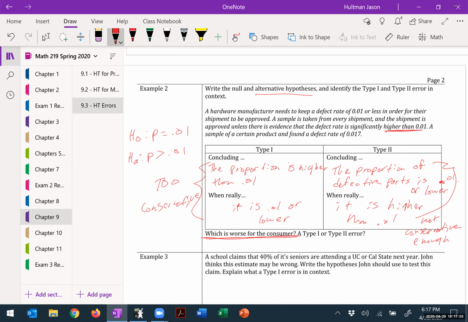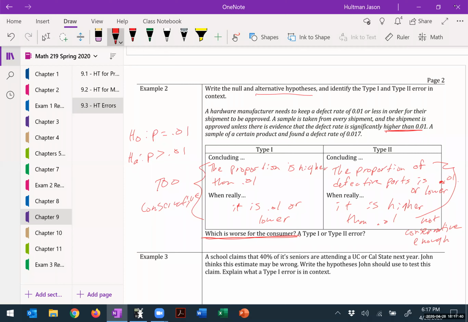For type 1, we're not letting stuff through. We're being too conservative here. That's better for the consumer because they're not going to get bad stuff. We're being too restrictive.